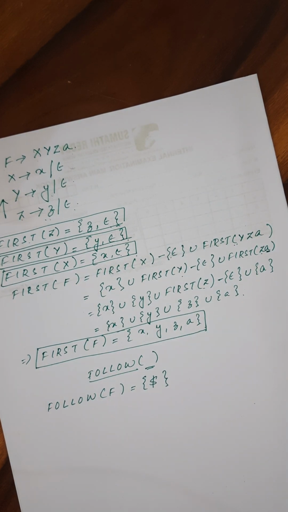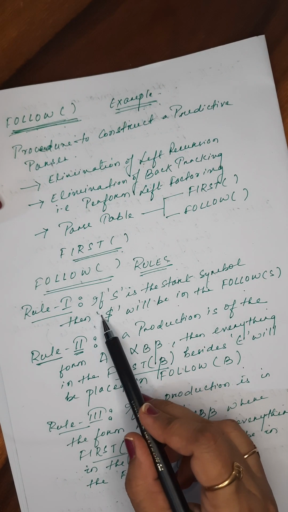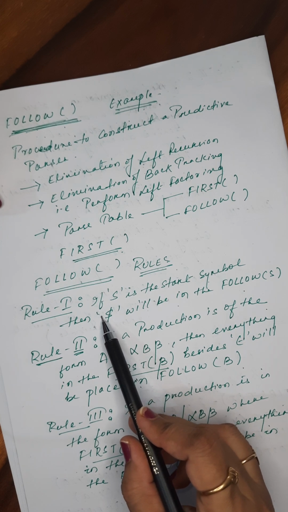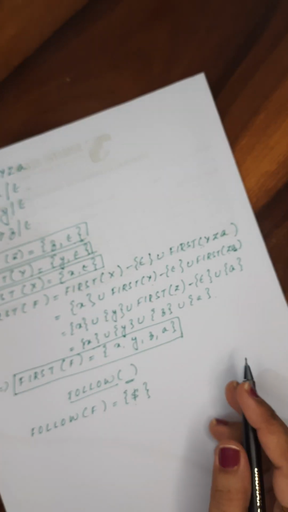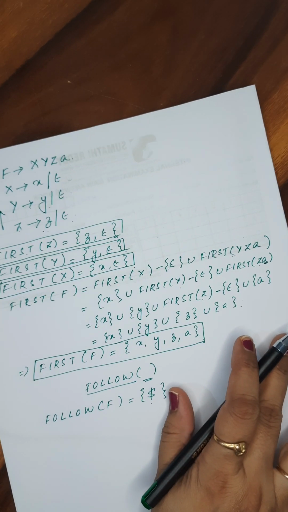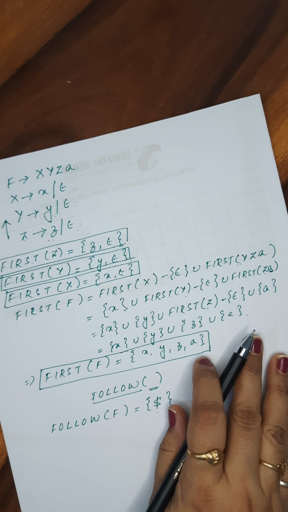Now, one thing we have to remember: the first rule of follow is only applicable to the starting symbol. No other production it can be applied to. So, we have to leave it after applying it to the starting symbol. Then we have to move to one production.